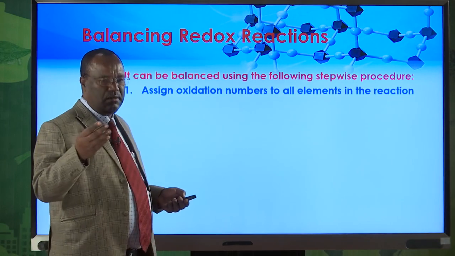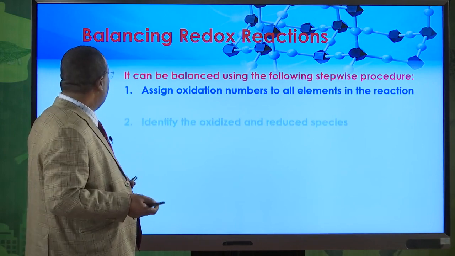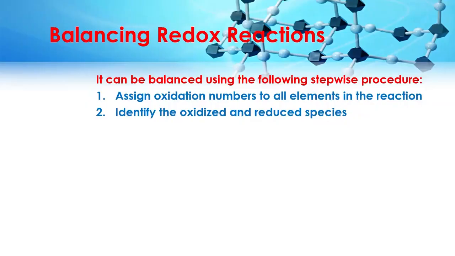To balance chemical equations using oxidation number change, first we have to assign oxidation numbers to all elements in the reactions. Second, identify atoms which are oxidized and reduced, the oxidized and reduced species.